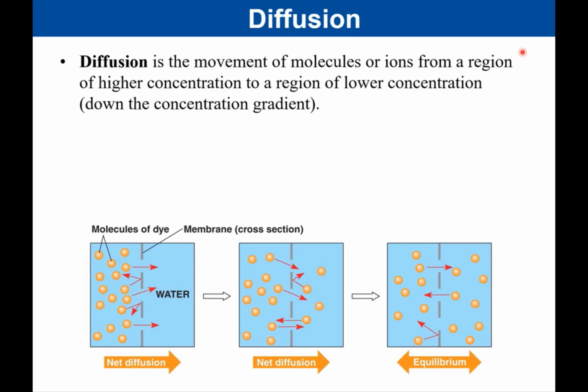That's a spontaneous process. Going down a hill doesn't require anything. Going up a hill, though, requires energy. And so diffusion, because we're going from higher to lower, and that's favorable and that happens spontaneously, we say that that's moving these molecules down the concentration gradient.